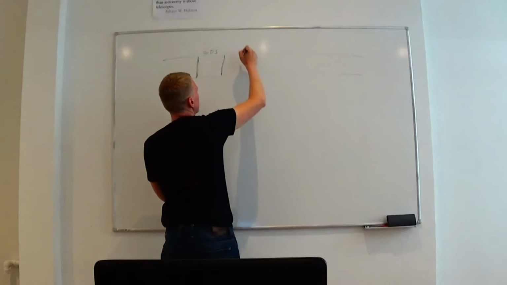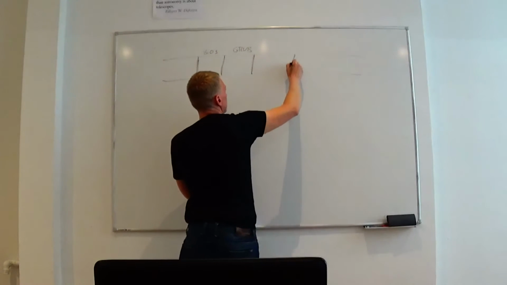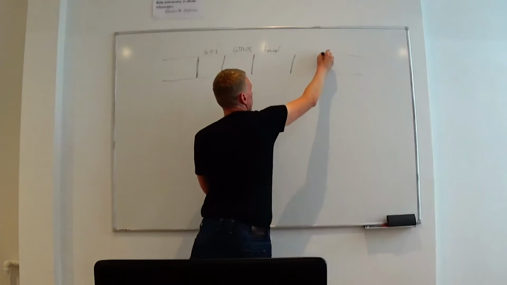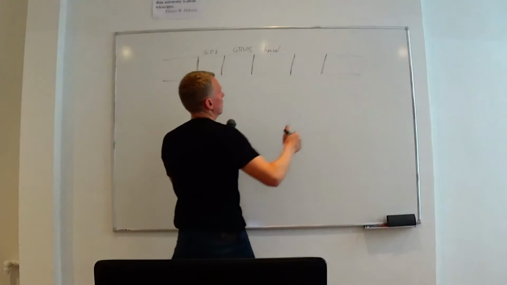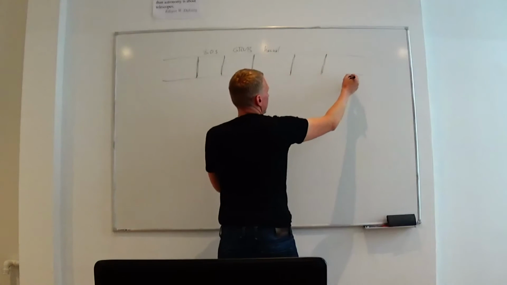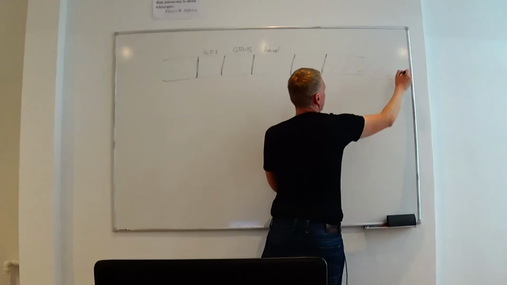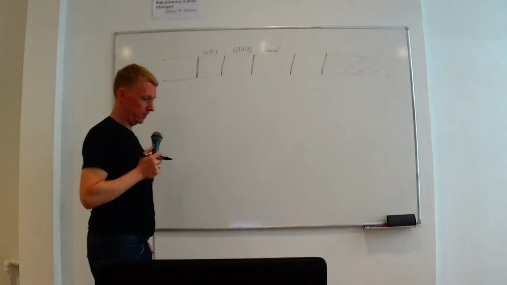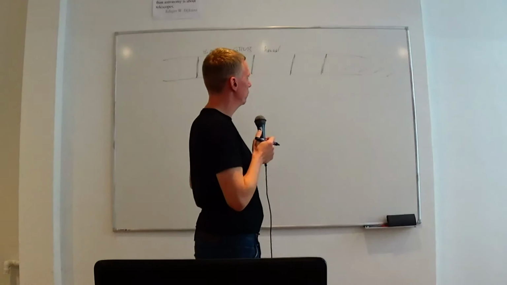The BIOS has loaded the bootloader. The bootloader has loaded the kernel, and the kernel has its stack. And then after that, there is a lot of nice free space that we can use. So we can assign this and use this any way we want.